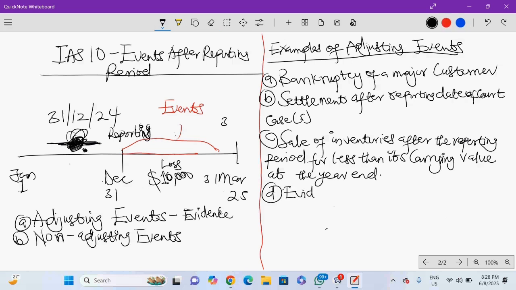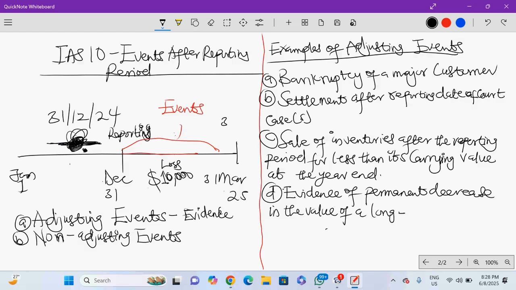Evidence of permanent decrease in the value of a long-term investment prior to the year end.